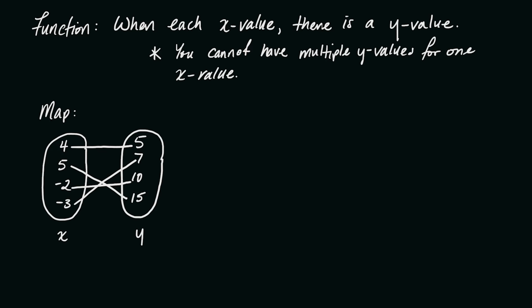Now, the second notation is an ordered pair. It's like a set. What we usually name a set is using the variable s. So s is going to be equal to, you're going to have the curly brackets, and then of course you're going to have your coordinates, and then you end it off with curly brackets as well.